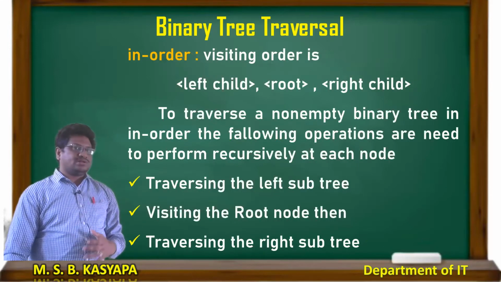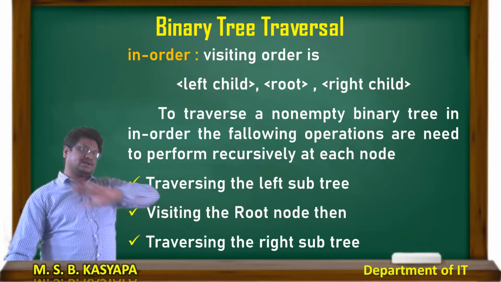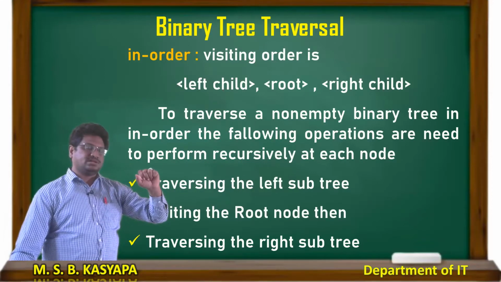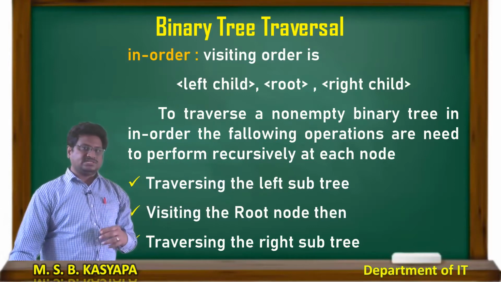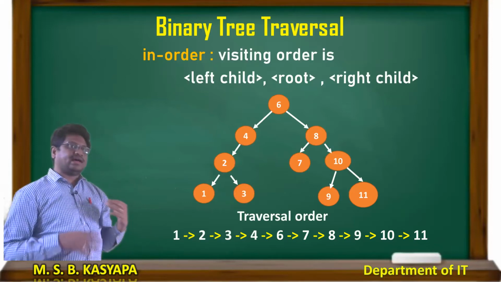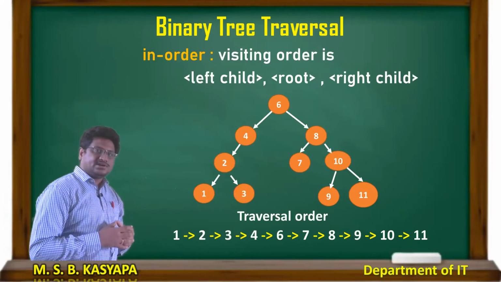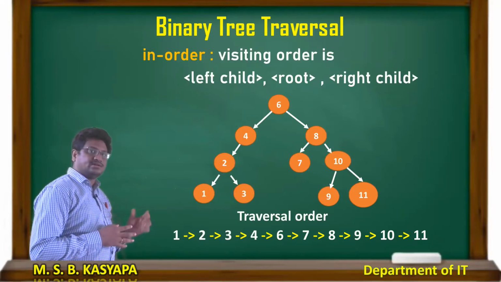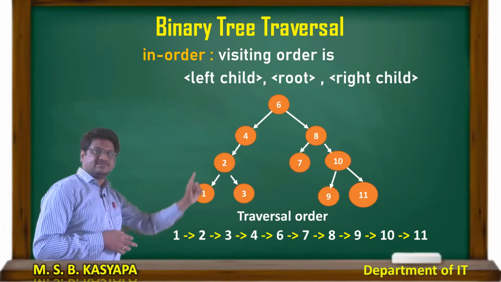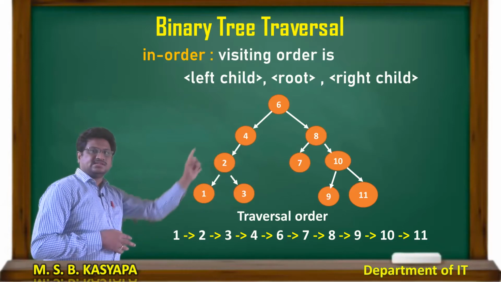If it is in-order, first I traverse the complete left subtree, then I visit the root, then the right child. For that same tree, in-order gives 1, 2, 3, 4, 6, 7, 8, 9, 10, 11.